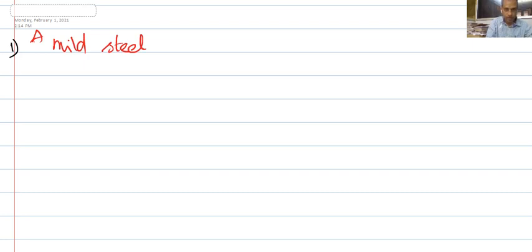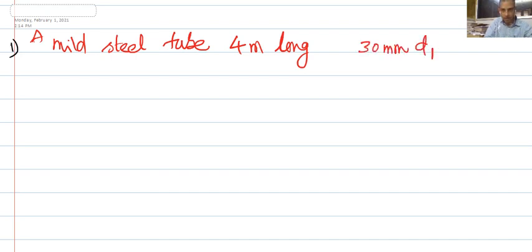tube. It is saying there is a mild steel tube, right? Tube 4 meter long, right? 4 meter long and 30 millimeter internal dia, let us say D1, and 4 millimeter thick.